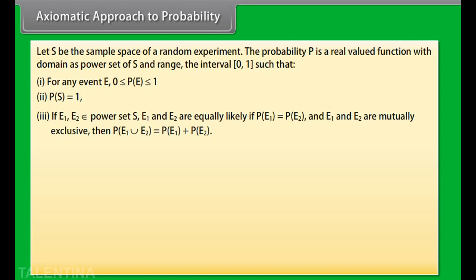If E1, E2 belong to the power set of S, E1 and E2 are equally likely if P(E1) = P(E2), and if E1 and E2 are mutually exclusive, then P(E1 union E2) = P(E1) + P(E2), where P(E) is called the probability of event E.